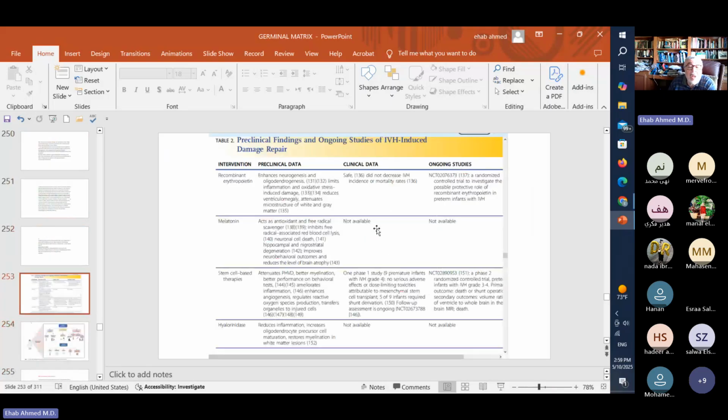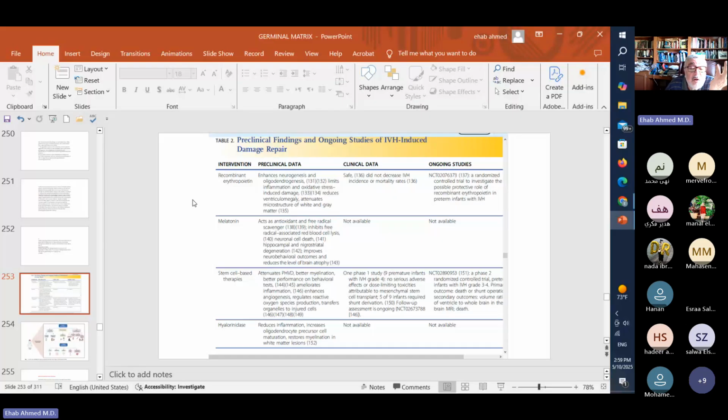We said this already. Some new and investigational studies did try to use some other agents that will help repair the damage that happened to the brain and to the ventricles.